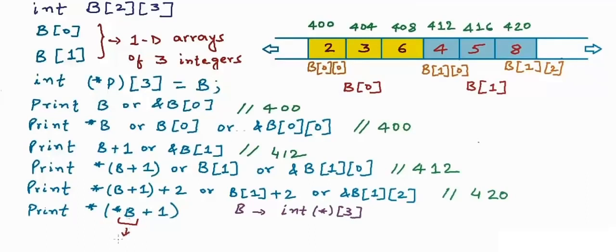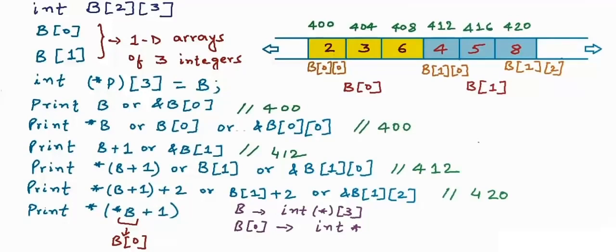So asterisk b, as we know, will give us b0. Asterisk b is the same as b0. Now b0 in my expression, because b0 is the name of a one-dimensional array, returns me a pointer to the first integer in the one-dimensional array. So b0 returns a pointer to an integer. We will get a pointer to this integer at address 400. Now what will happen if you add 1 to an integer pointer?